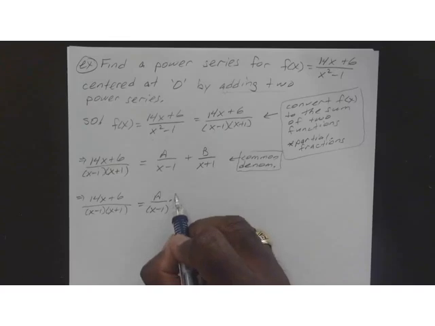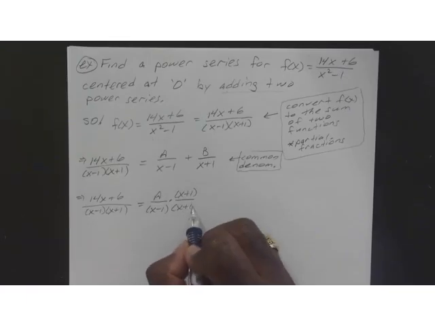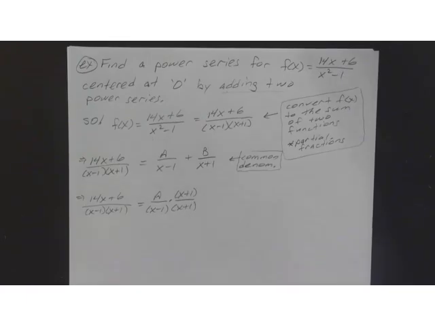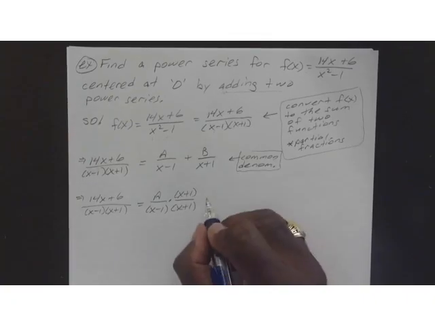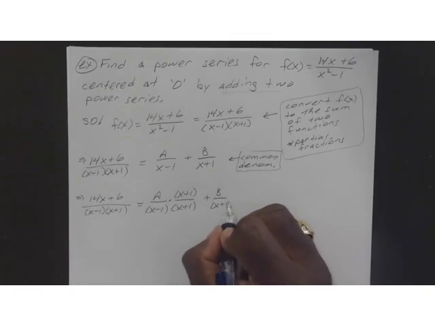We're going to multiply that by x plus 1 over x plus 1, plus b divided by x plus 1.